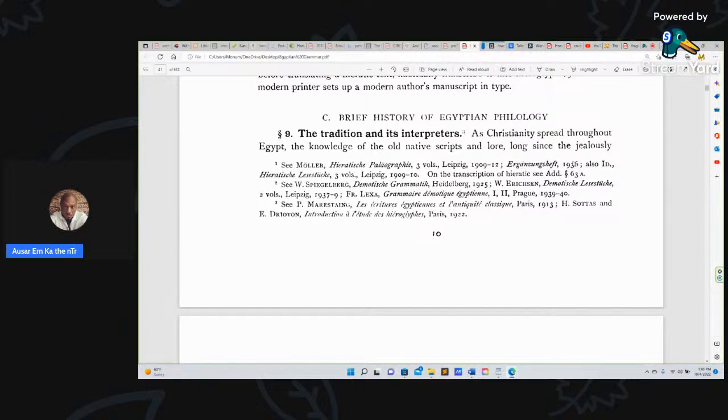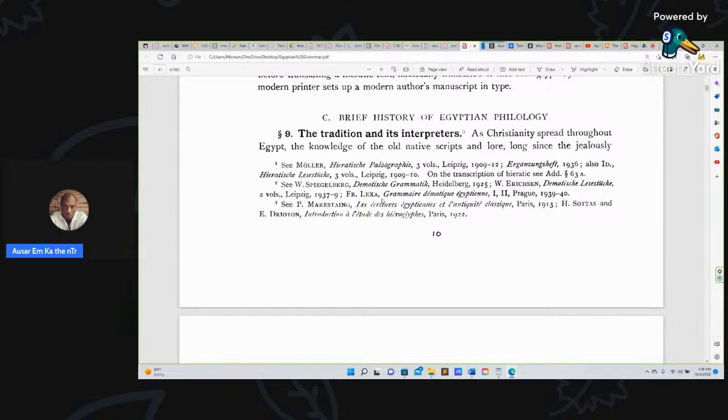Ergansungschaft, however you say that. Sorry about butchering that for you, bro. Hieratisch, Leshtik, 3 volumes on the transcription of hieratic. C. Spielberg, demotic grammatic, Heidelberg, Wes Erikson, demotic, Leipzig, I should say.